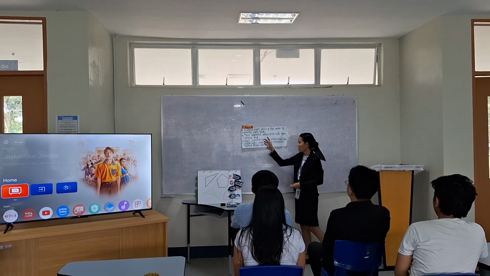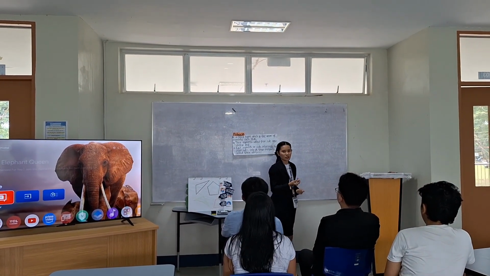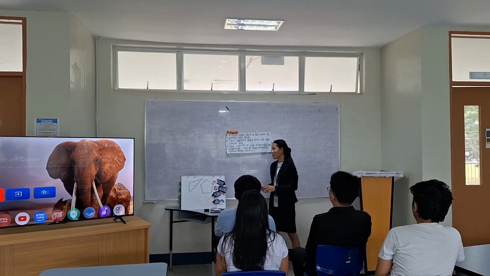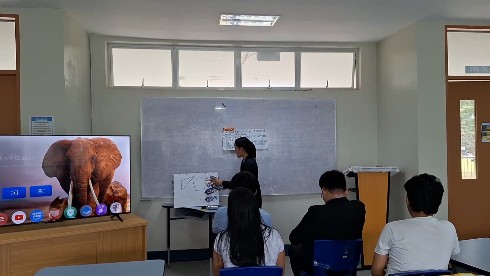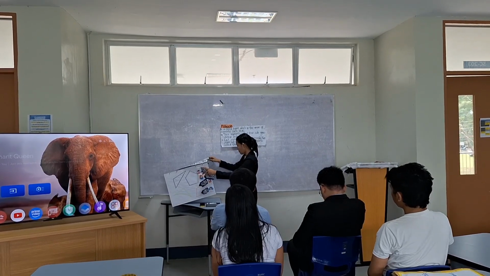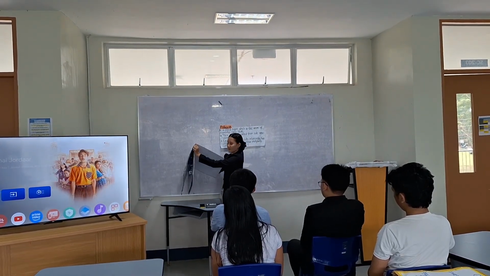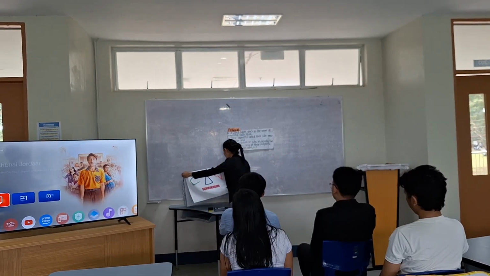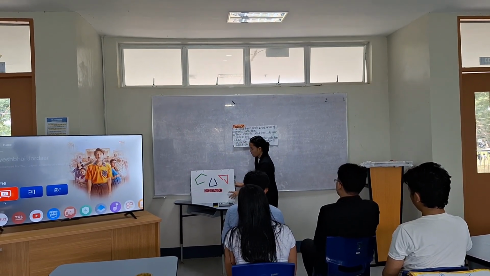So if we have what we call polygons, we also have non-polygons. Do you have any idea what is a non-polygon, class? No? Okay, so here is an example of a non-polygon.